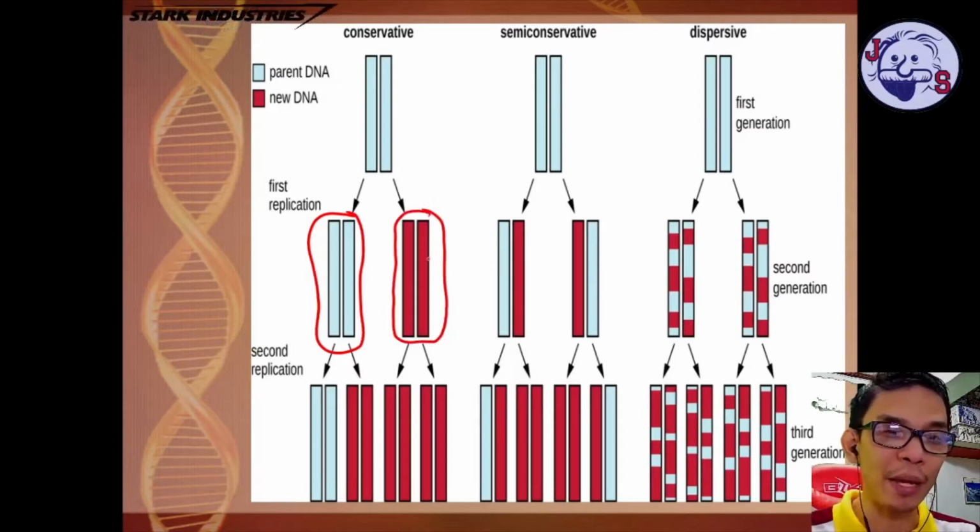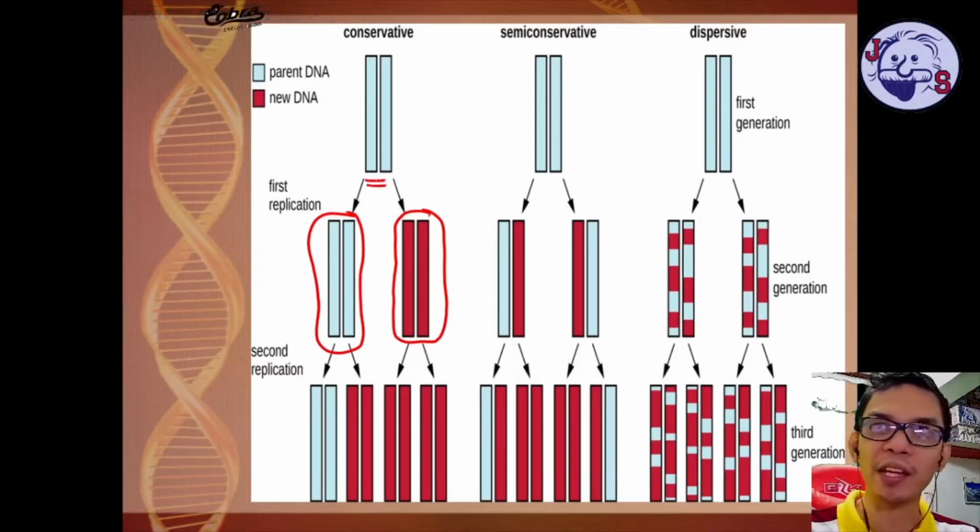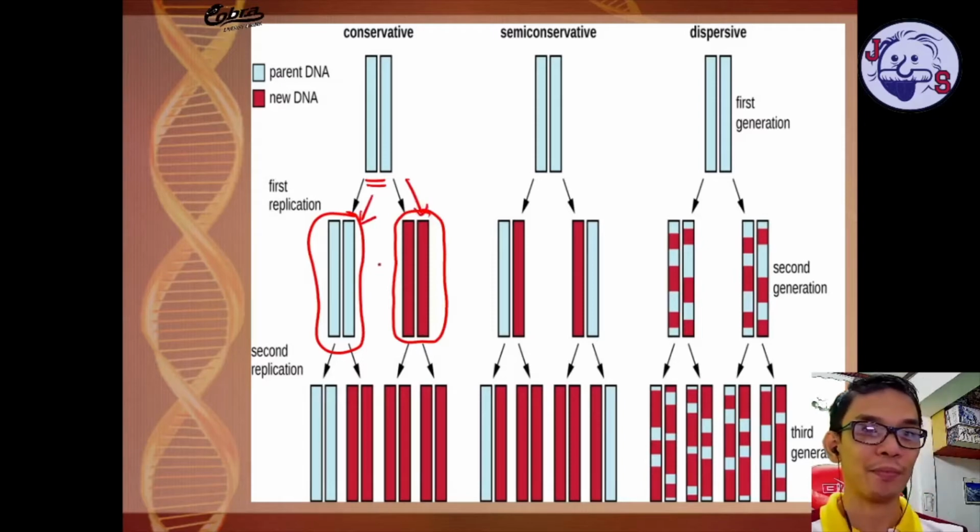Basically speaking, in the conservative manner of replication, nothing splits. Only the parent DNA will produce its own new copy.